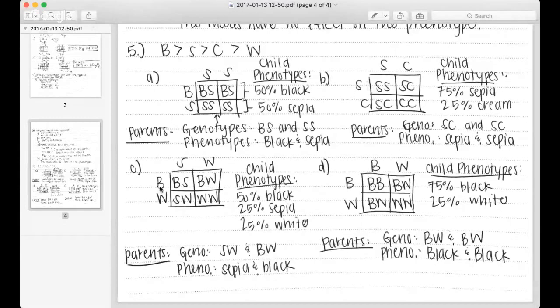This one was a little tricky, but the only way it can work is BWSW with phenotypes corresponding to sepia and black. For D, we have 75% black, 25% white child phenotypes. So the parents have to be BW, and the phenotypes will be black and black for the parents. And these black phenotype parents can produce a 25% white phenotype child and the rest black.